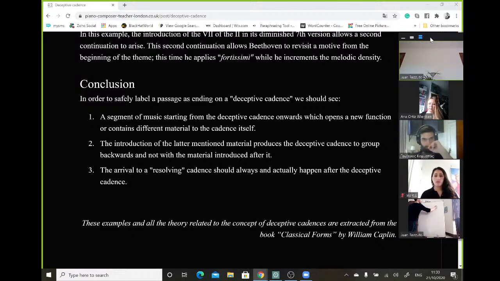And then you have material Y, and then you have a cadence, for example, a cadence that relates to material X. That's the thing: the cadence that you finally get to is a cadence that closes what was happening before the deceptive cadence.